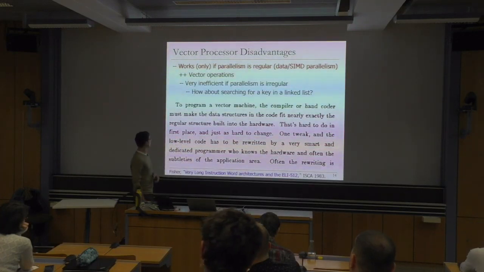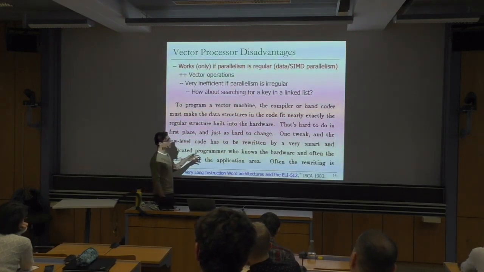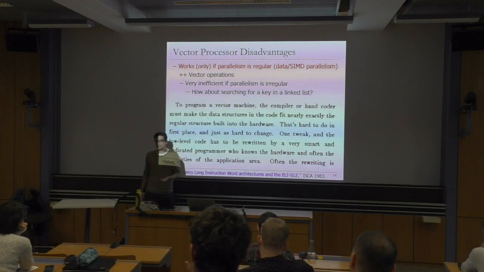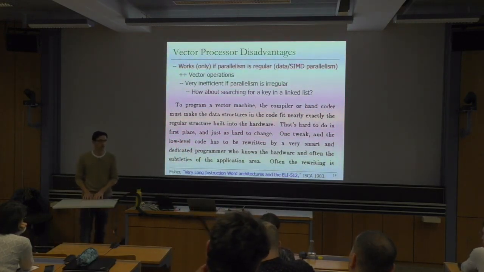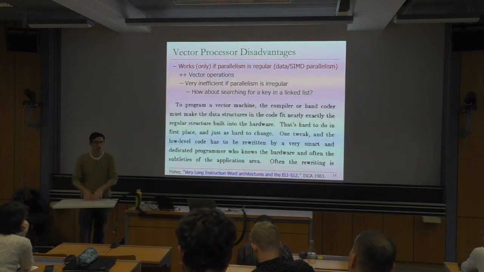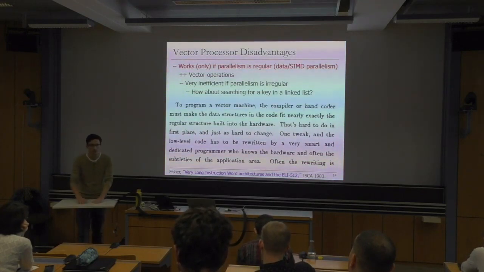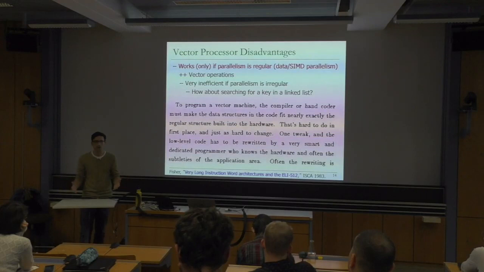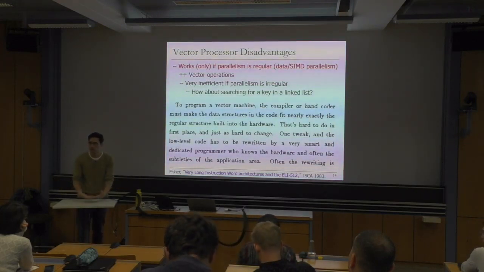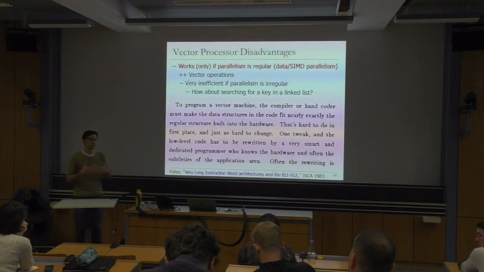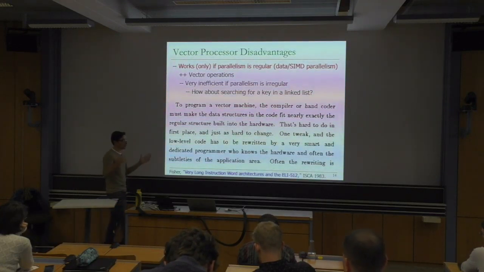That's hard to do in the first place and just as hard to change." So this means programming is difficult. Why is that? Because when we are writing a vectorized program, or even a program for a GPU, we need to try to make things regular as much as possible, or at least make sure that things are going to be executed in a regular manner.